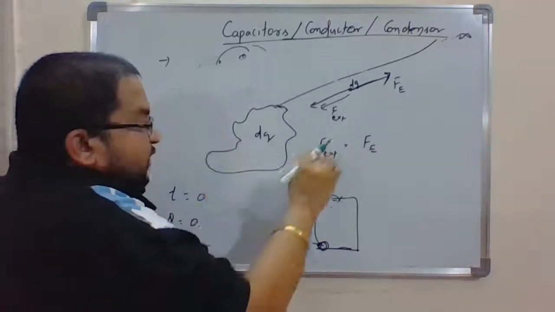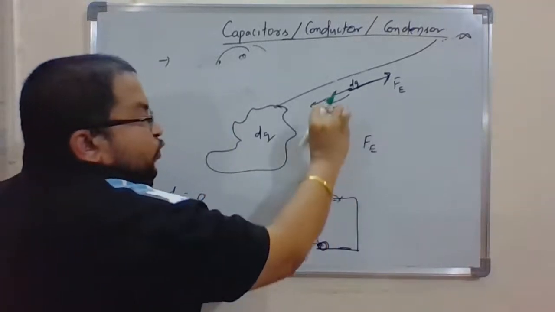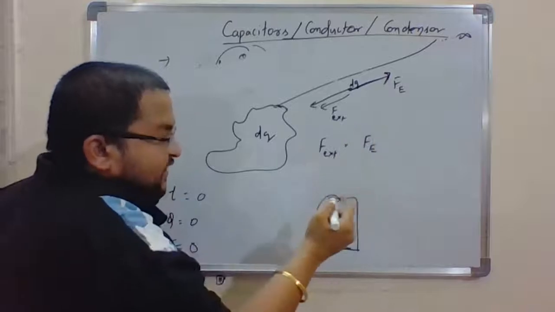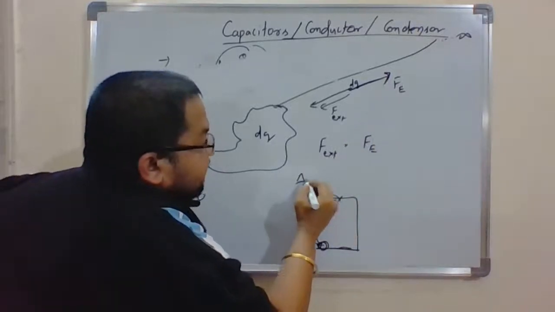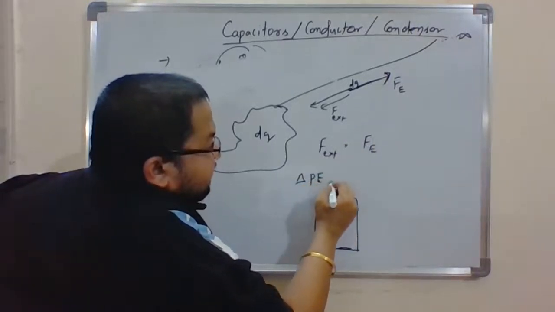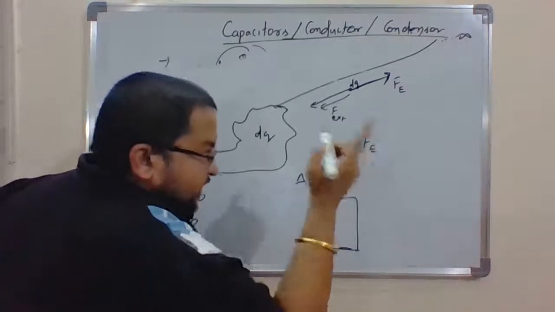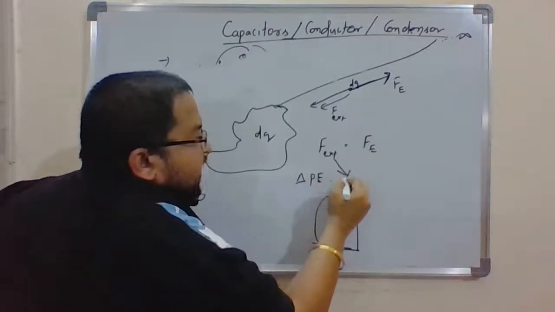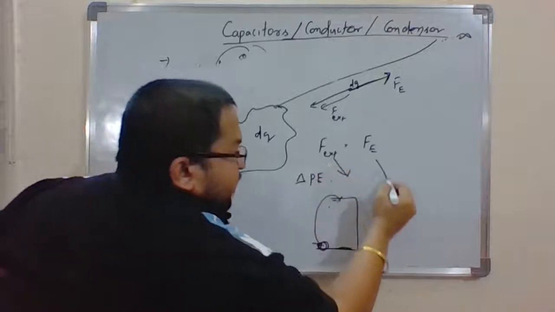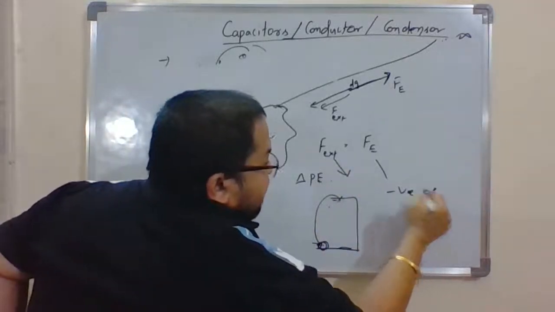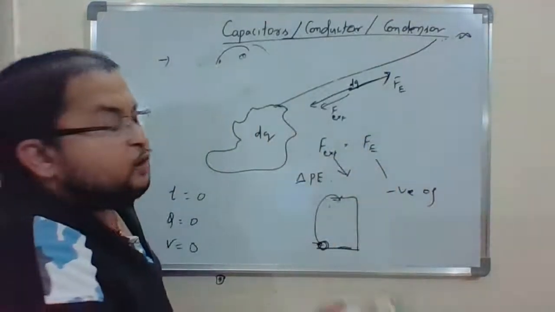Now, I can say that my potential energy is nothing but either the work done by this external force or the negative of the work done against the internal force, whatever you want to say.